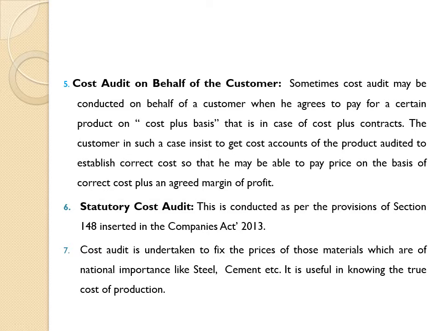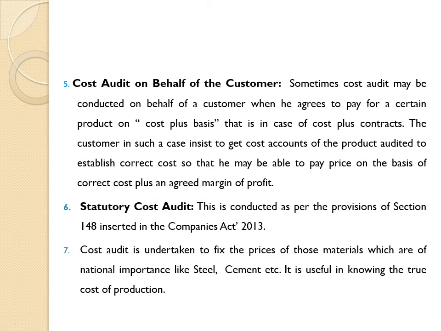Here we are discussing types of audit: cost audit on behalf of management, cost audit on behalf of government, cost audit on behalf of trade associations, cost audit on behalf of tribunals, cost audit on behalf of customers, and statutory cost audit.